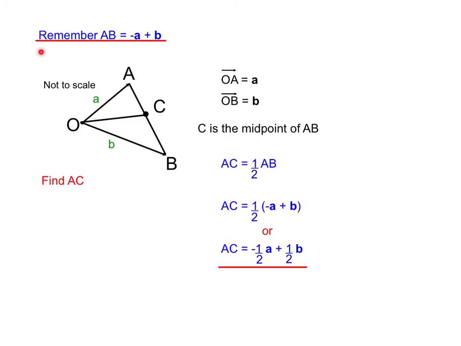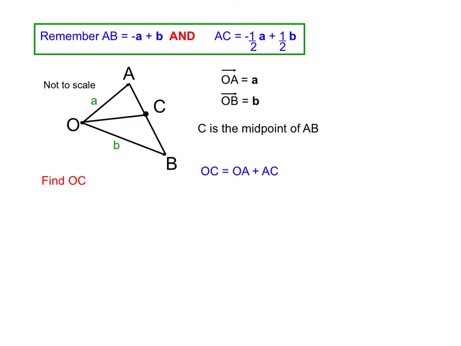Of course, we've already worked out a vector for AB, so we can just substitute that in here. So our answer is AC is a half of minus A plus B. Notice that this is in brackets. However, I am going to rewrite this because I'm going to need this vector later on. So I'm going to write AC is minus a half A plus a half B.